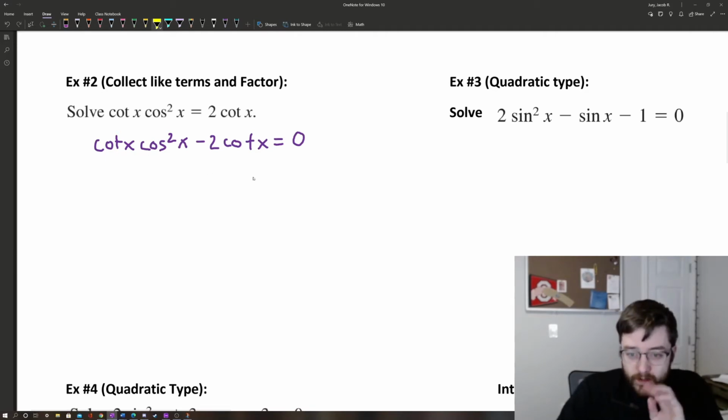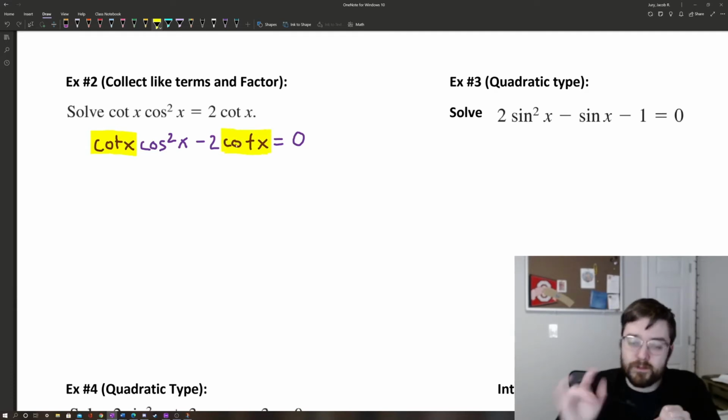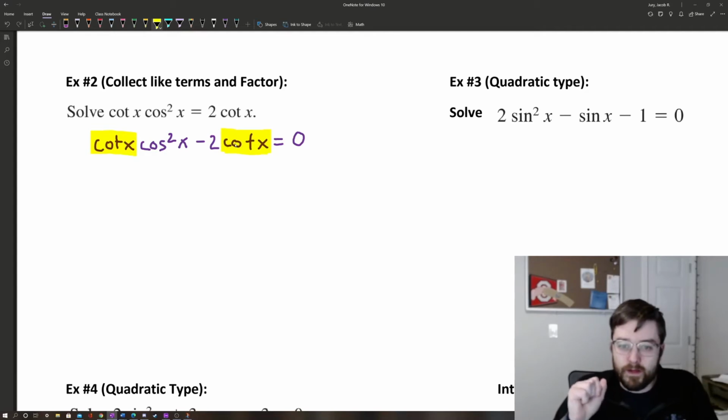So what I see in this problem is, I've put my cotangents on one side of the equation, but what I also see is this cotangent x and this cotangent x are in two separate terms. So I don't want to have two of them, right? I would like to just have one. So let's say you have a times b minus 2a equals 0.